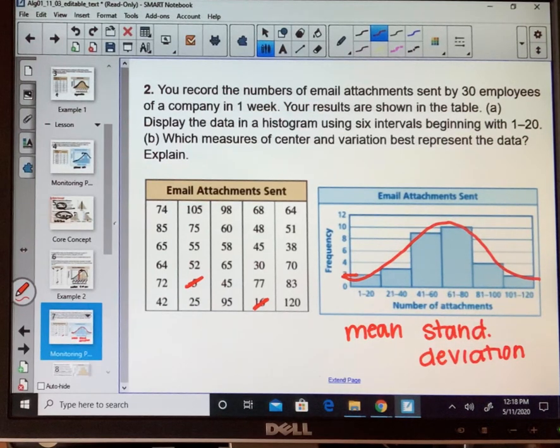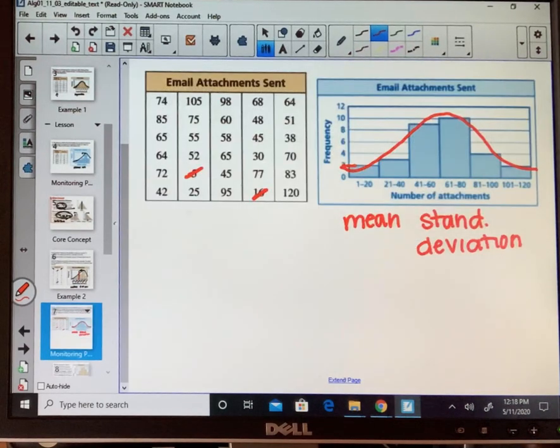So just letting you know, right? And explain, I would say, for explaining, I would say because it's symmetric. And it can be that easy, right?